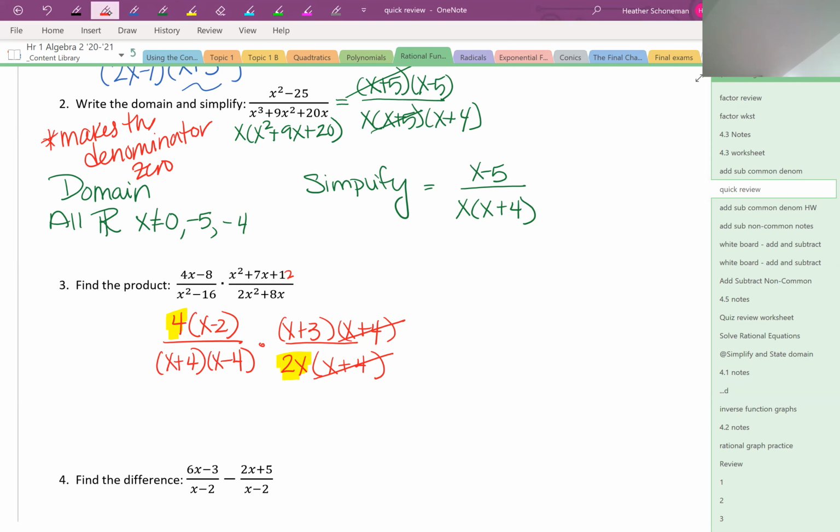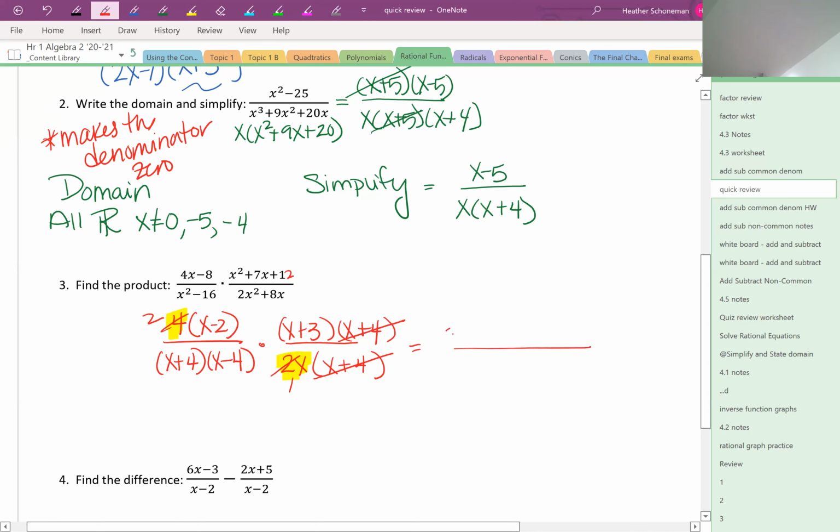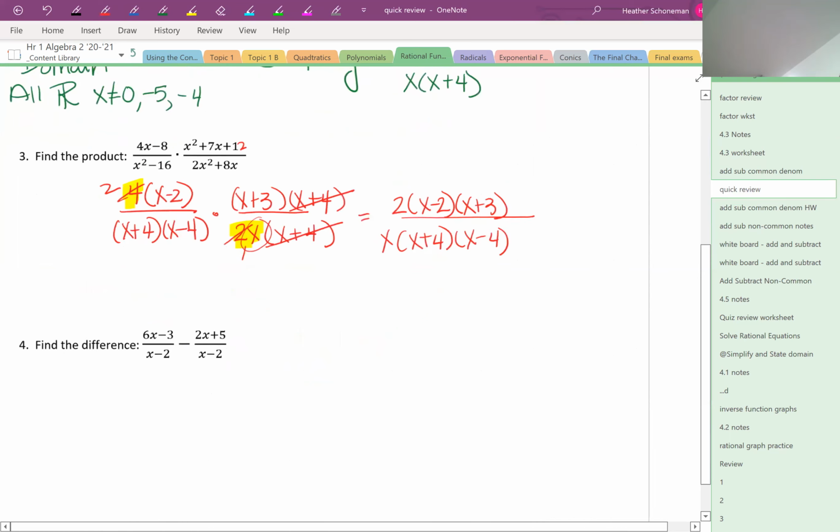So the 4 and 2 can reduce. And now I can write my final answer. So on the top, I get 2 times x minus 2 times x plus 3. And on the bottom, I get x plus 4 times x minus 4. Oh, and don't forget about this. There's an x out there. If you have individual things, you want to put them before the groups.